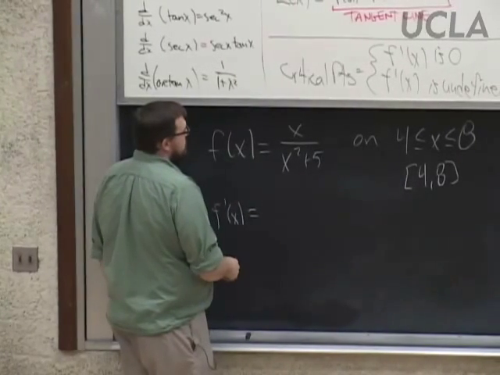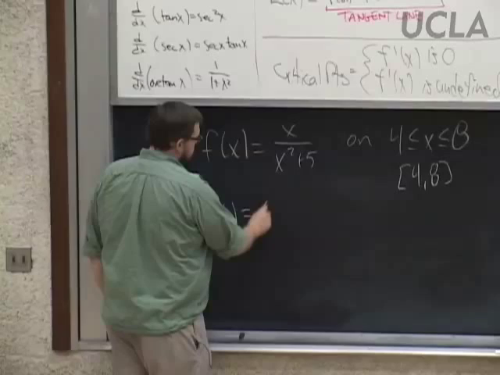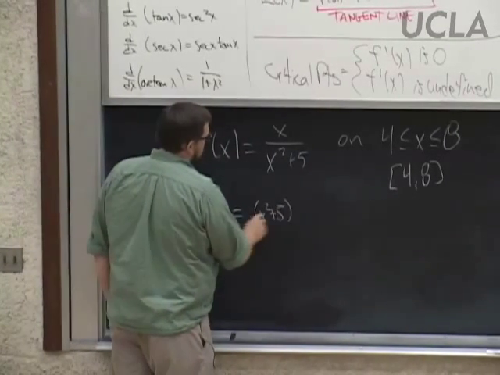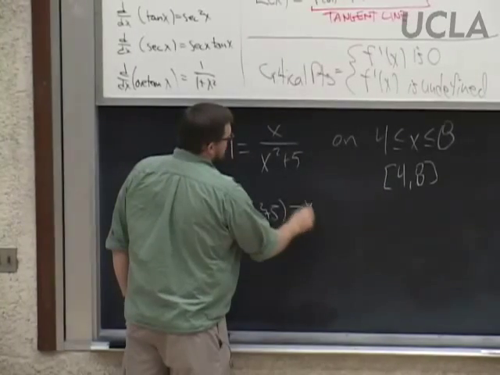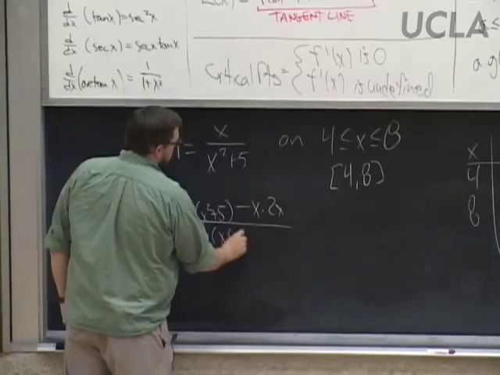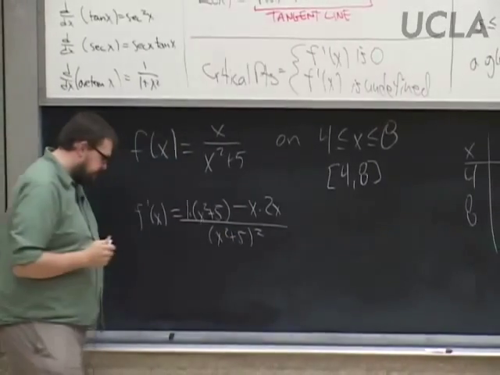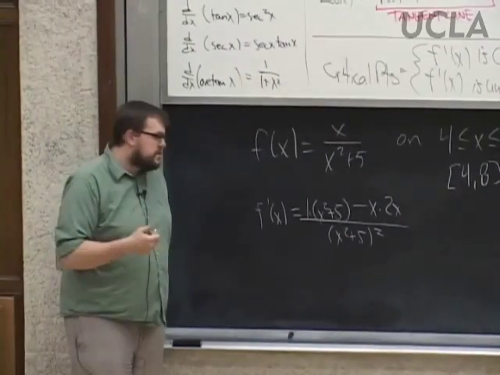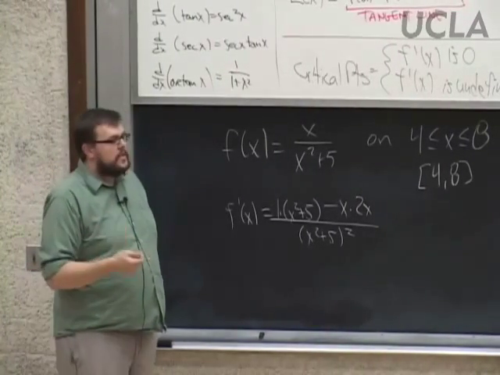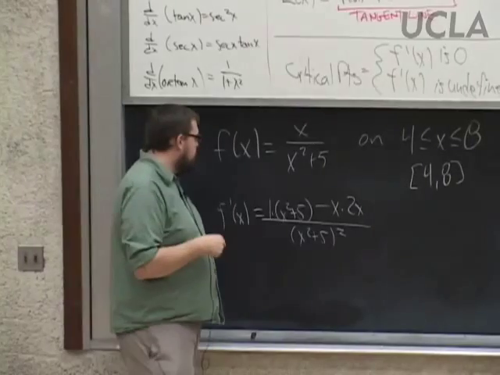For the quotient rule, we take the bottom times the derivative of the top minus the top times the derivative of the bottom, all divided by the bottom squared. And we look at when is the derivative undefined, when is the derivative 0.